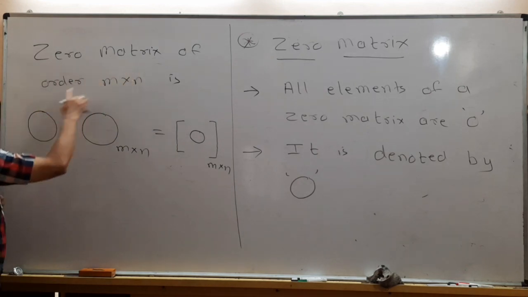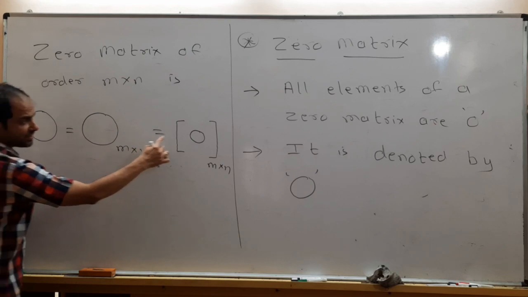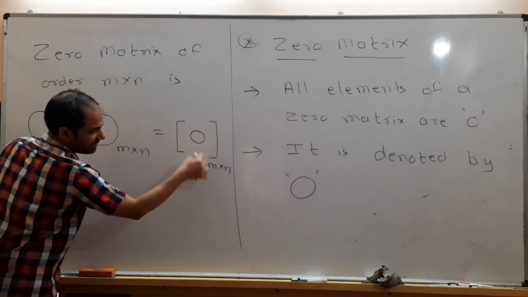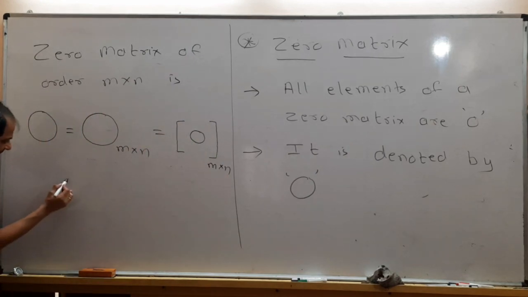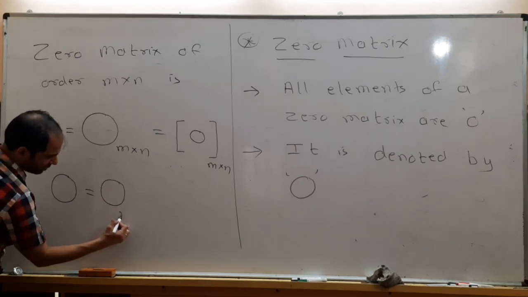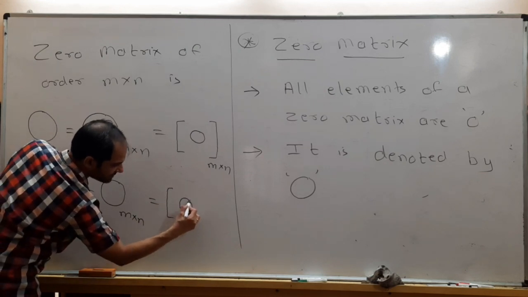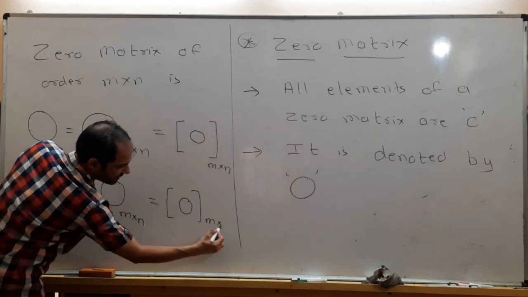Zero matrix of order m cross n is O, a matrix having all elements 0 of the order m cross n.